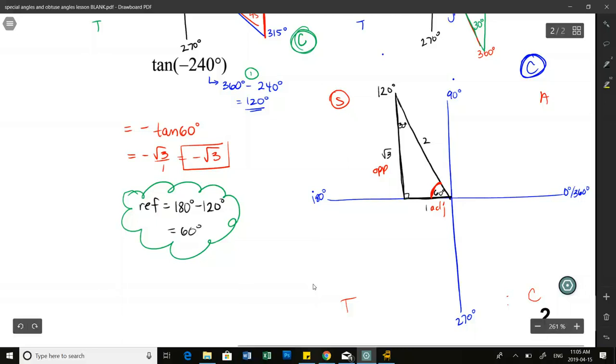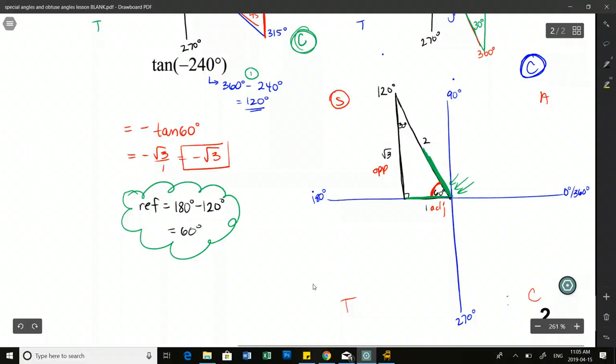So I'm finding the angle between the closest x-axis, which was 180 in this case, and our terminal arm, which is 120. So I had to do 180 minus 120 to get that remaining little slice in between, which gave me 60. So that should always be placed in this interior corner right here. And then I'm labeling the rest of my triangle based on that being 60.